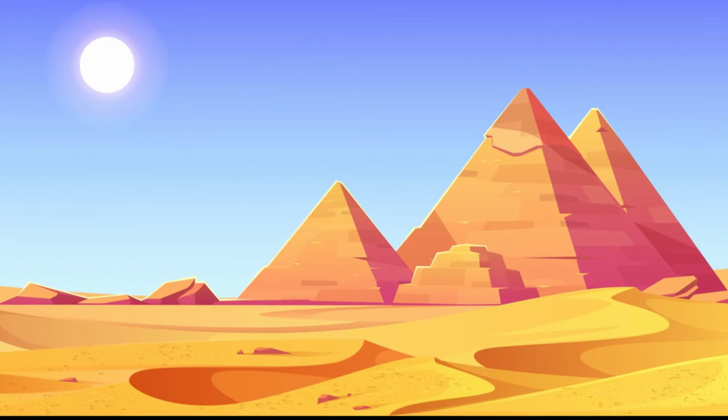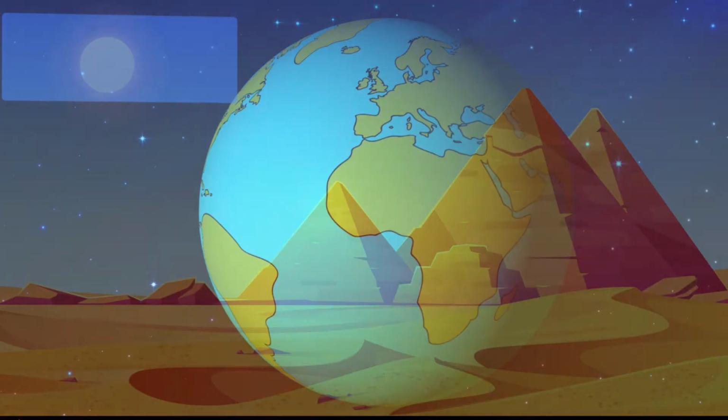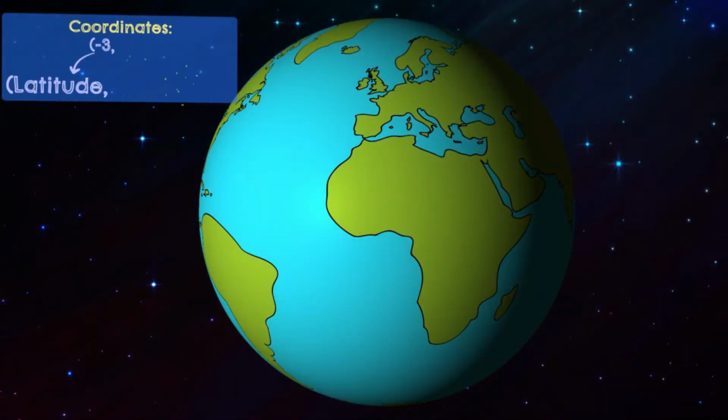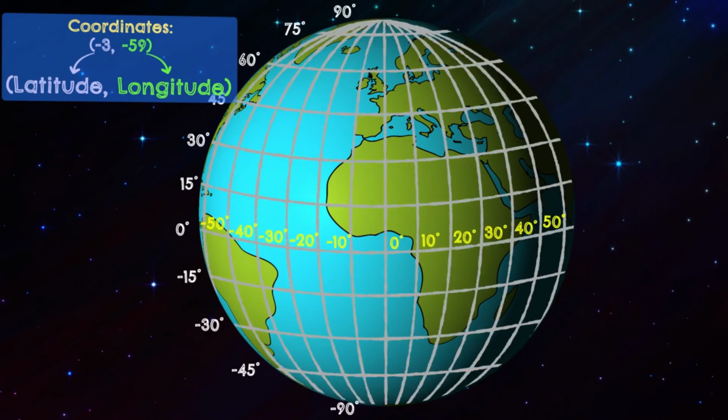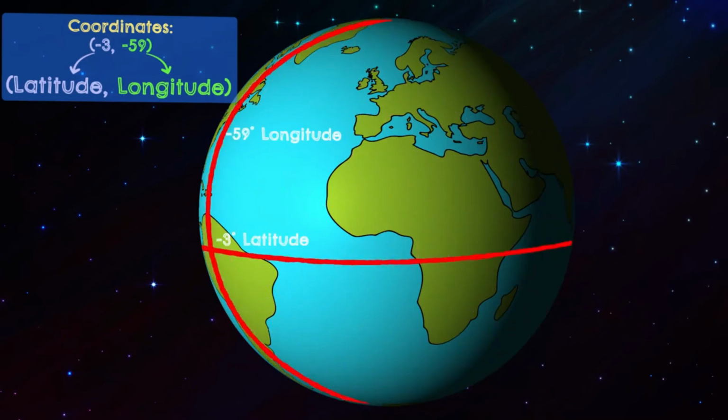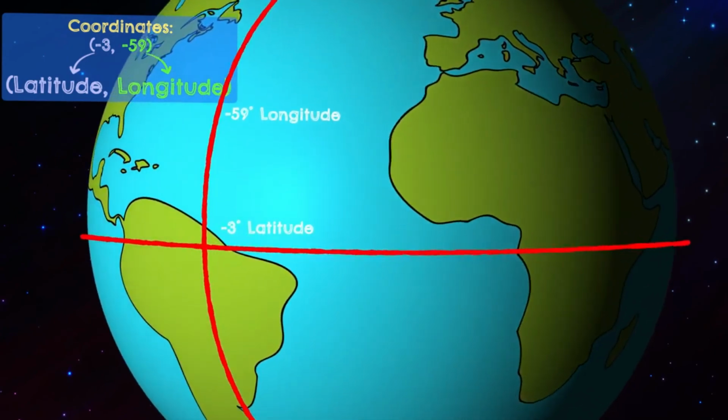In the same way, if I asked you to look for another mystery place with coordinates -3 and -59, you would look for the latitude line at -3 degrees, which is below the equator or in the southern hemisphere, and the longitude line at -59 degrees, which is left of the zero meridian line and in the western hemisphere.